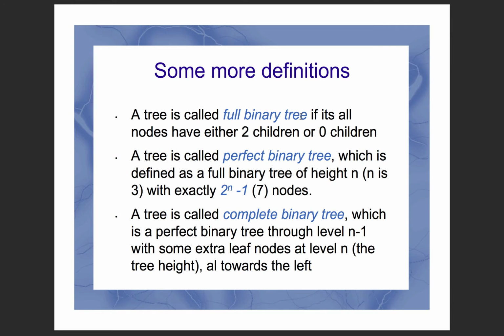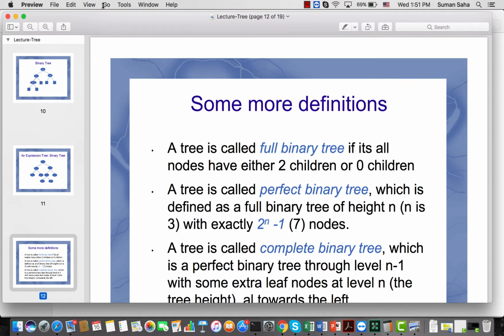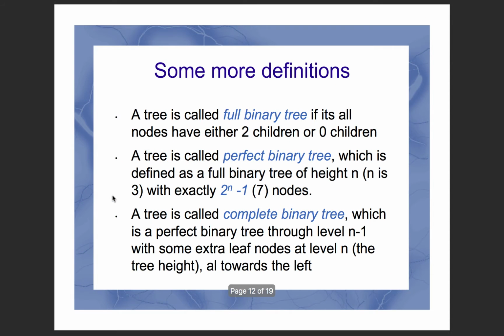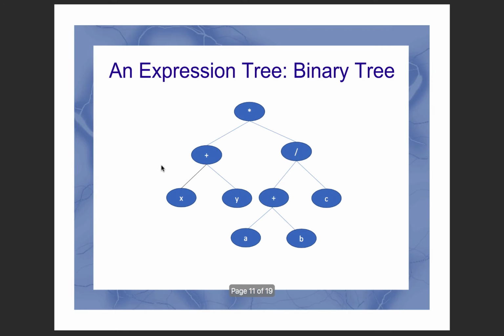Some more definitions. We have seen a tree and we have seen a binary tree. A tree is called a full binary tree if all its nodes have either two children or zero children. If you look at this tree, all nodes have either two children or zero children.